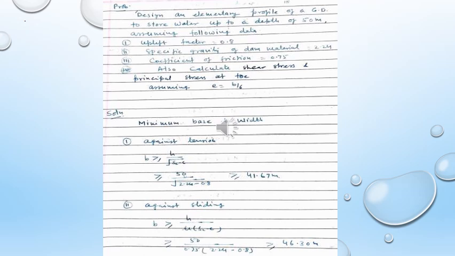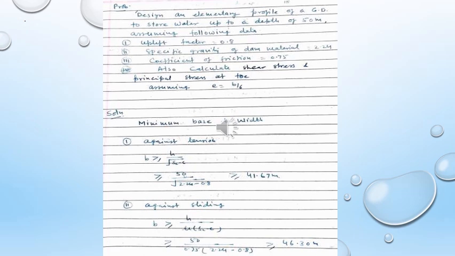So, the minimum base width according to the equations, for no tension, B should be more than or equal to H upon under root of (SC minus C). So, put the value of H, SC and C. It will come out as 41.67. And for no sliding, B should be more than or equal to H upon mu into (SC minus C).